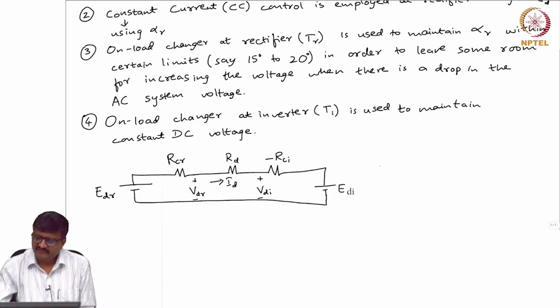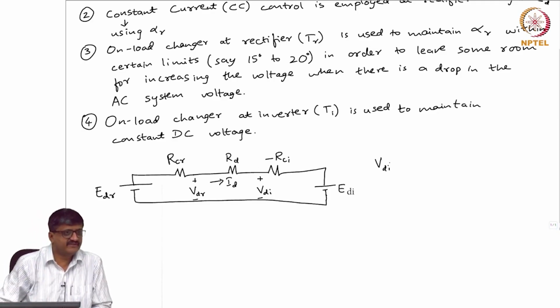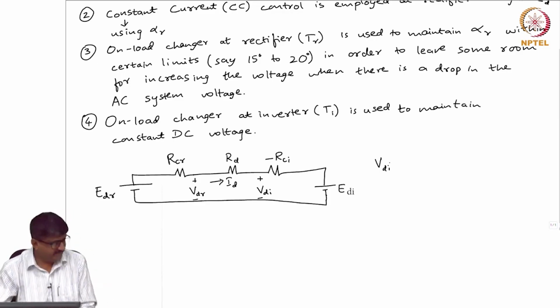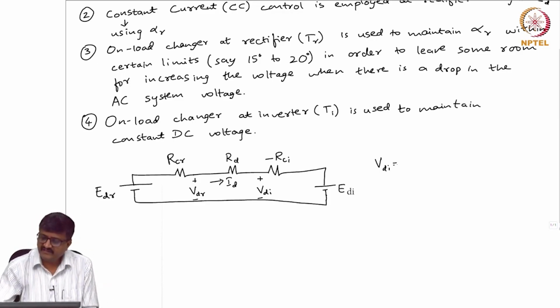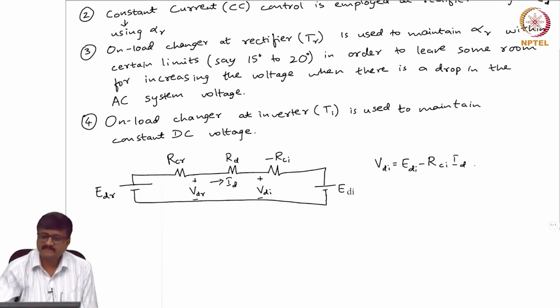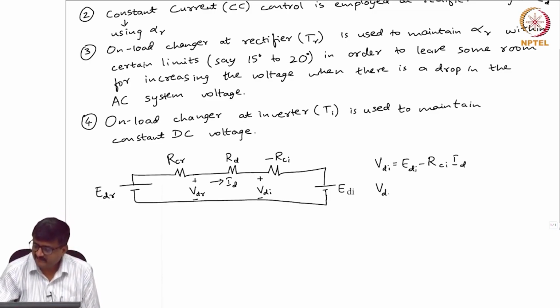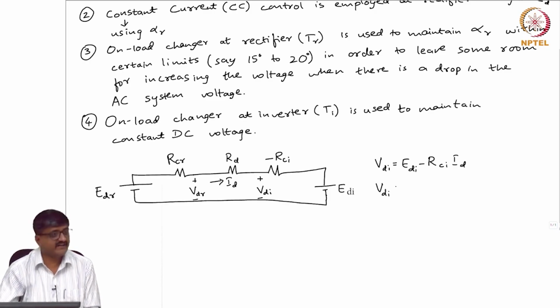Now, if I look at this circuit, if I look at the inverter terminal voltage, the DC side voltage, VDI, this can be written as EDI minus RCI into ID. Similarly, I can also write VDI in terms of EDR, RCR and RD.